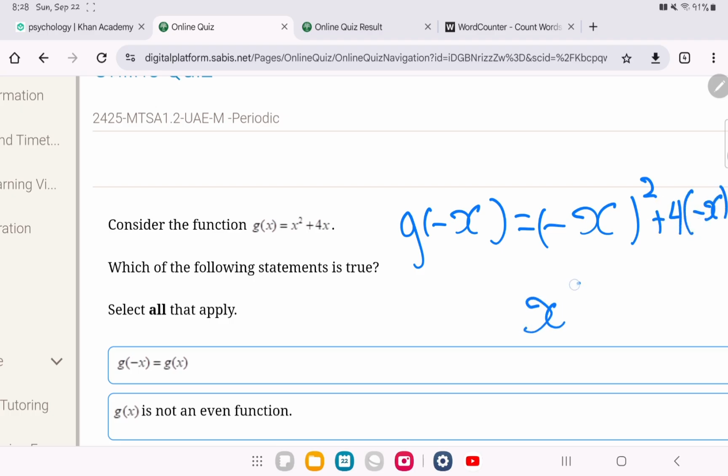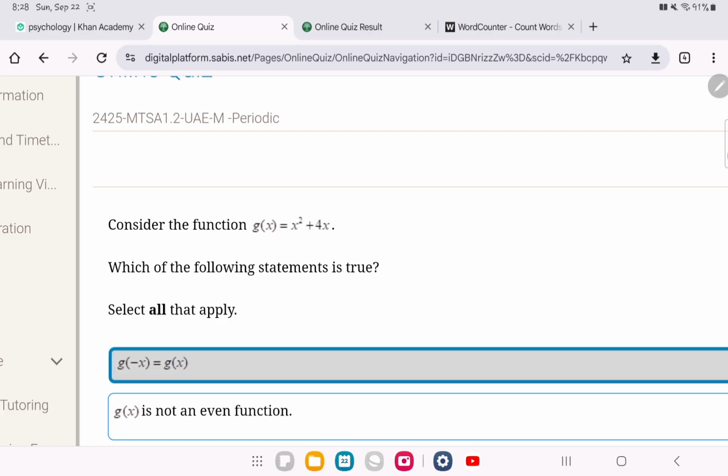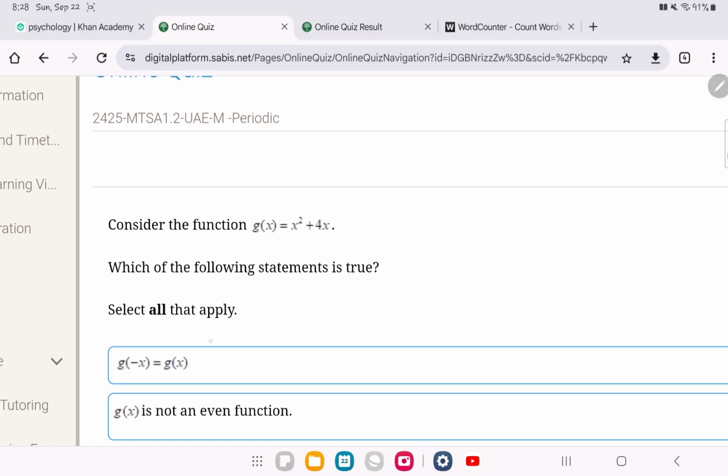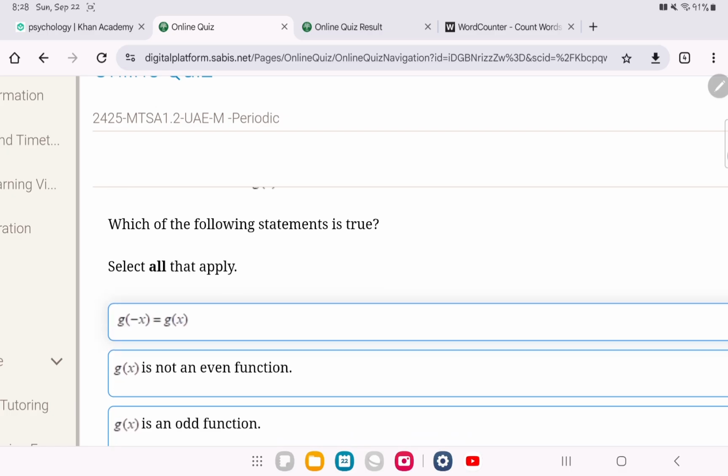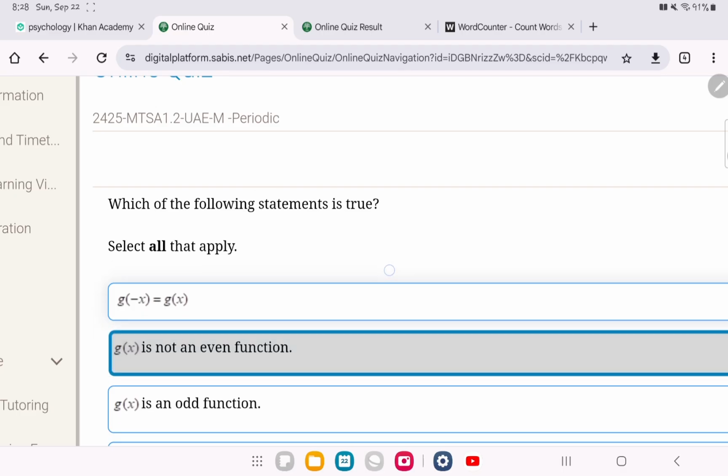So then we're going to get x squared minus 4x. So this and this are not equal, so it's not even. So definitely this is not true, okay? We do not choose it. And we said it's not an even function, so this we choose it because it's not an even function.